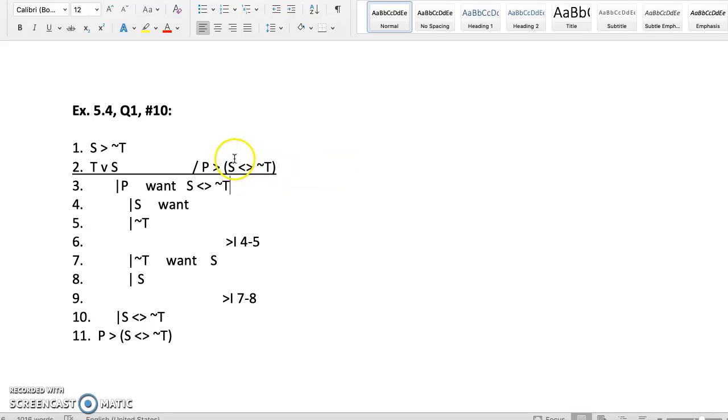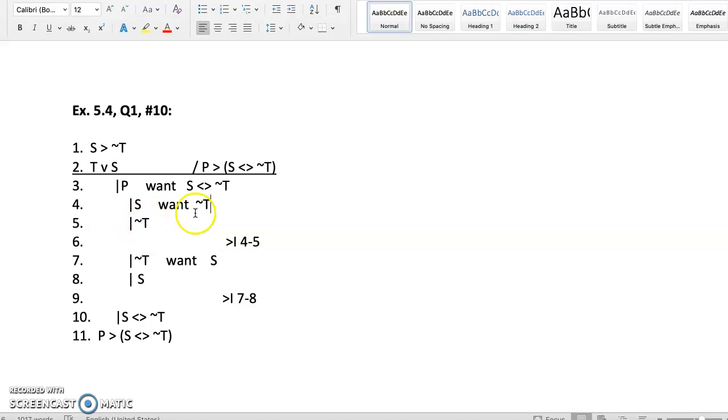So the first conditional we have to get is S conditional not T, right? S would be the antecedent, not T the consequent. So that's why what we fill in here is our not T. We need to get S, want not T, or we need to get the conditional if S then not T as the first part of the biconditional introduction.